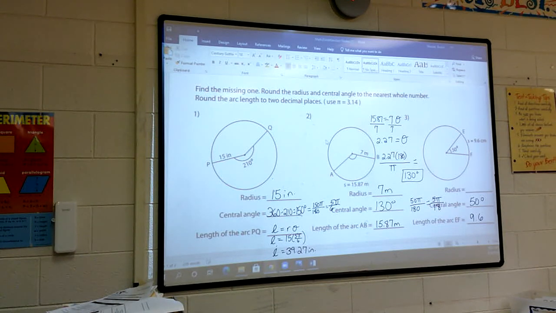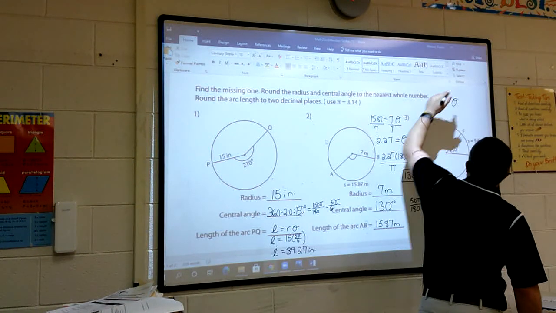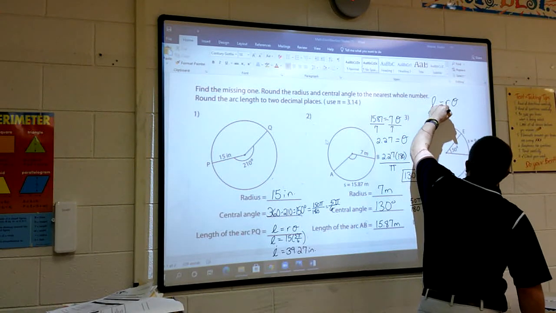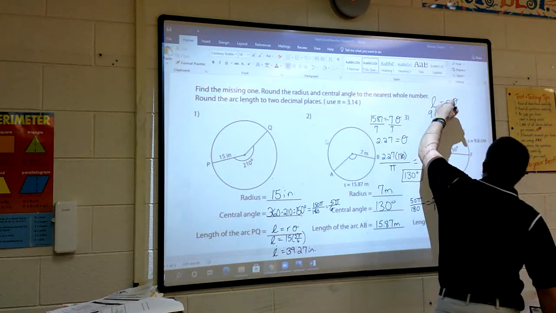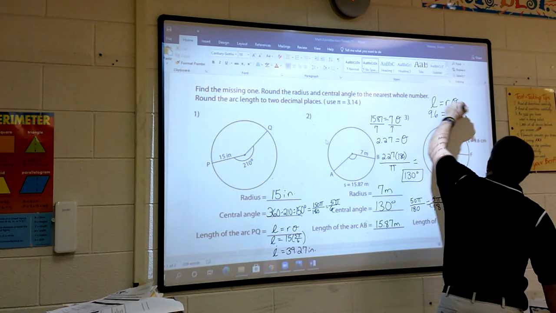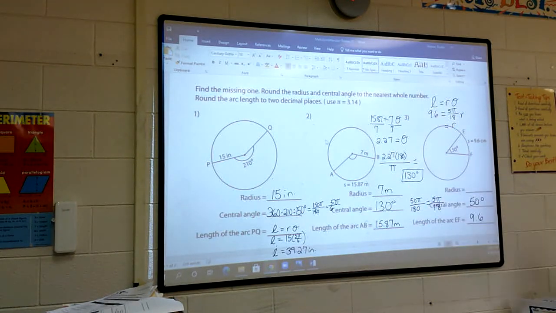So now you know 2 of the 3, so you're good. You can solve for the radius. So let's go up here. Let's say the length equals the radius times the angle. So the length in this one is 9.6. The central angle in this one is 5 pi over 18. And we don't know the radius. So we can take 9.6 and divide by 5 pi over 18.